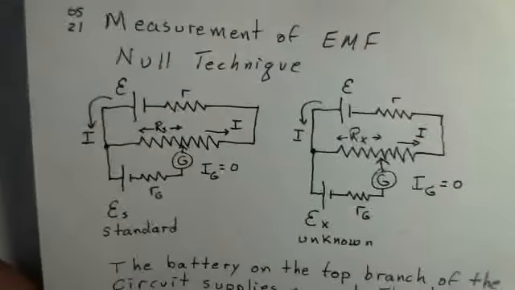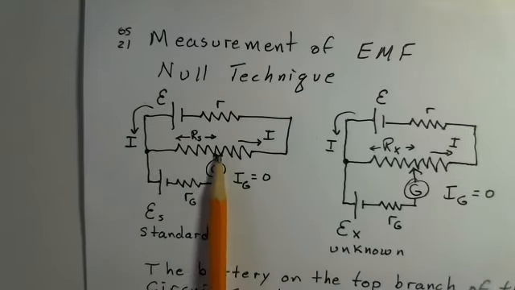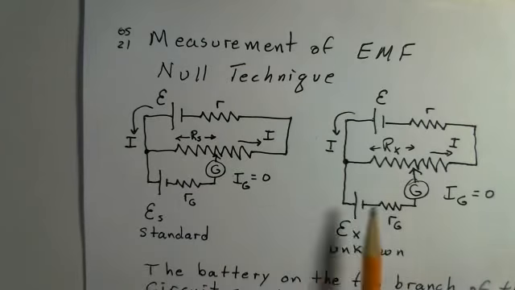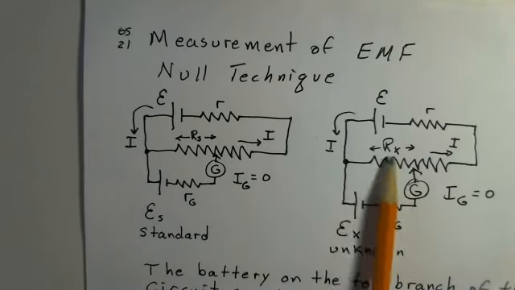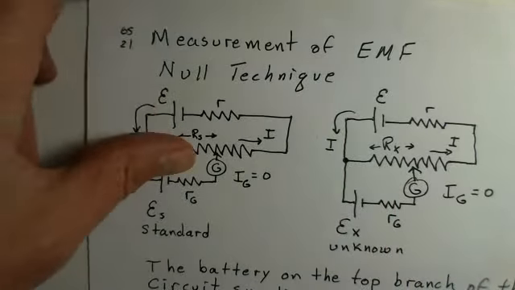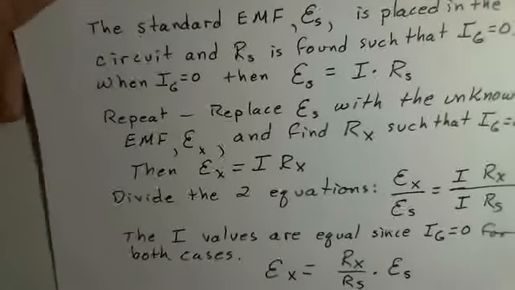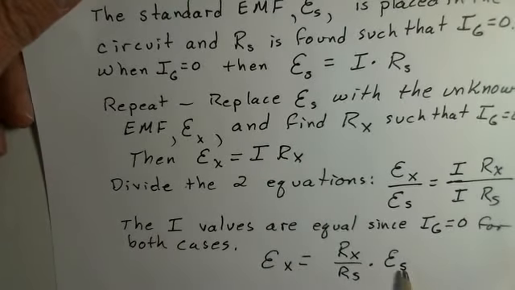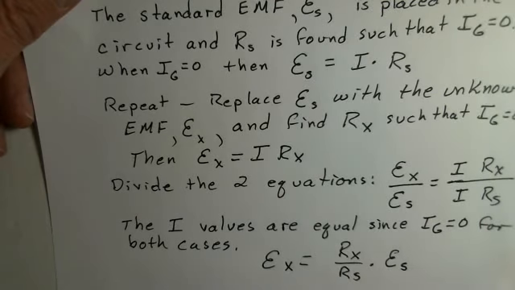So this null technique, we make an adjustment on the contact point here in this potentiometer until the current is 0. There'll be an R sub s across here when that current is 0. There'll be an R sub x over here when the current is 0. And we have a relationship that the unknown EMF is standard EMF multiplied by the ratio of those resistances.